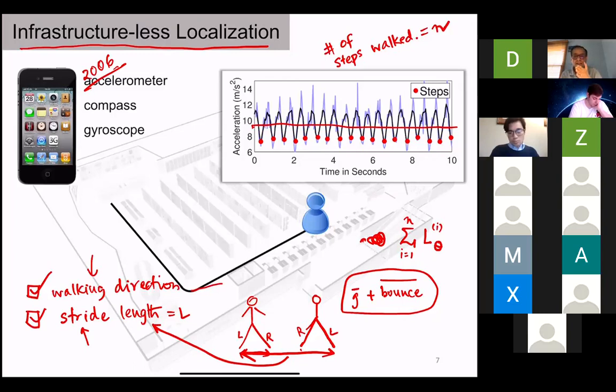L theta is a vector along the direction theta that I'm walking, and L is the magnitude of the vector. I add this up for every step, and that gives me my walking trajectory.